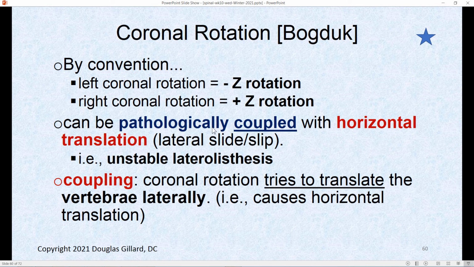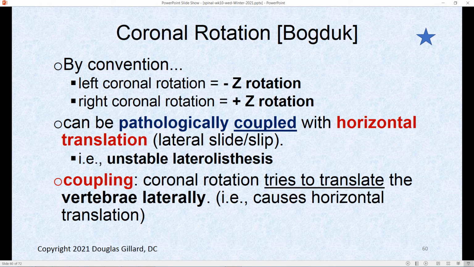So we talked about a lateral translational slip, which is viewed from where? Where do you see lateral slip, lateral listhesis? That's viewed from overhead. So that's horizontal translation. Coronal rotation is coupled with horizontal translation. So when you bend to the left, the vertebra usually wants to slip away, to translate to the right.